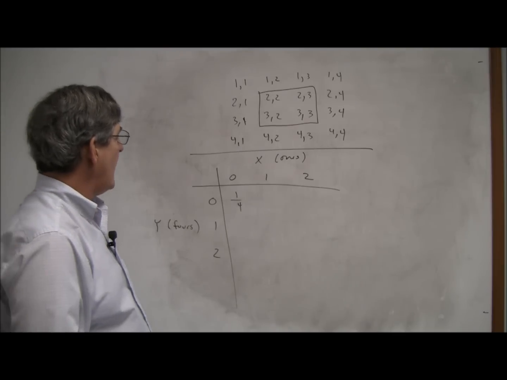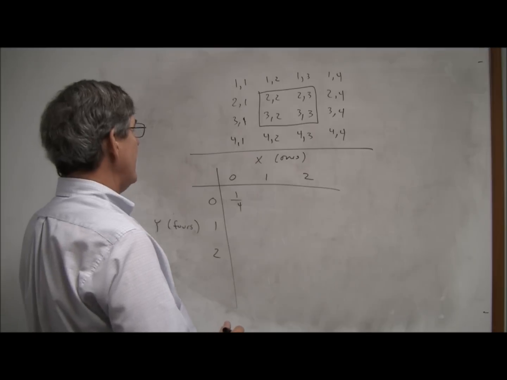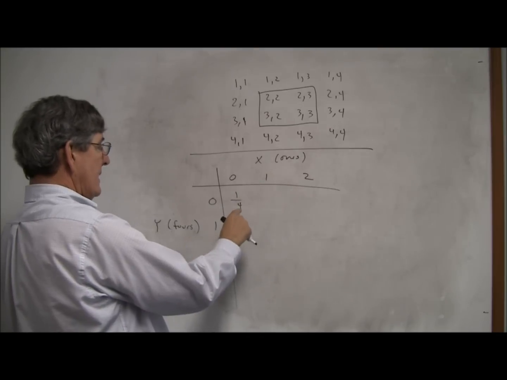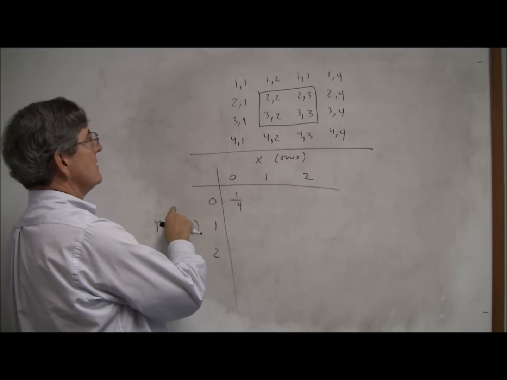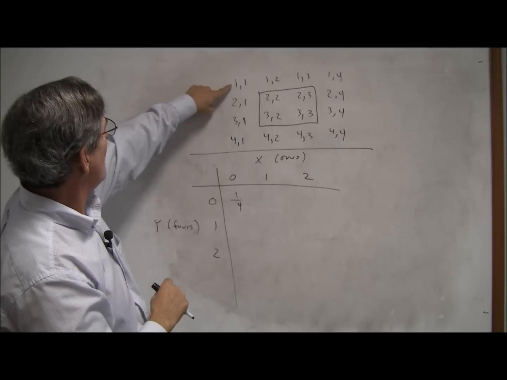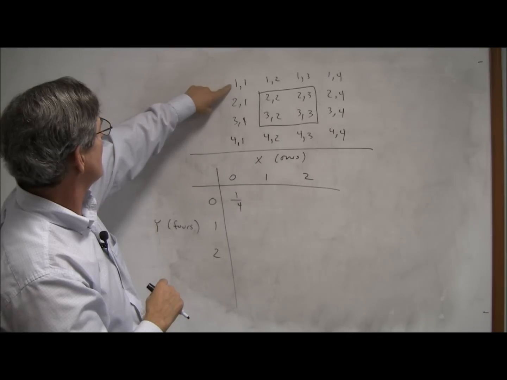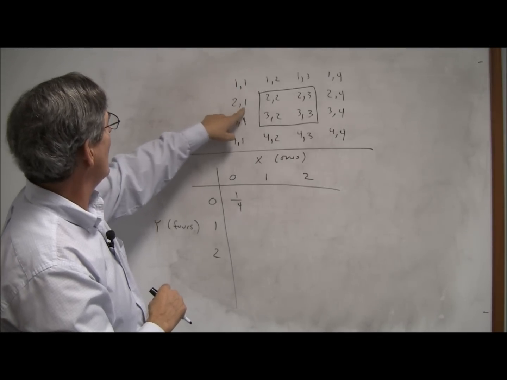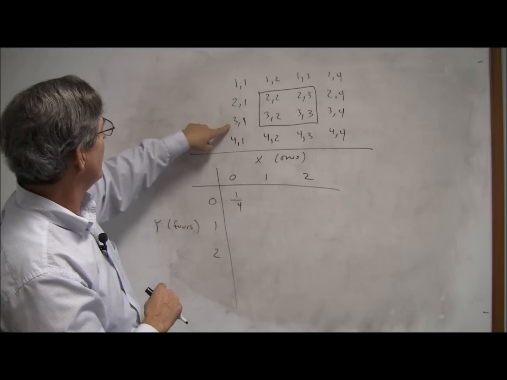Then, how many ways are there to get 1, 1 and 0 4s? Well, let's see. Here we got at least 1, 1. But we got 2 1s, so that's not it. Here we get 1, 1 and no 4s. Here we get 1, 1 and no 4s.